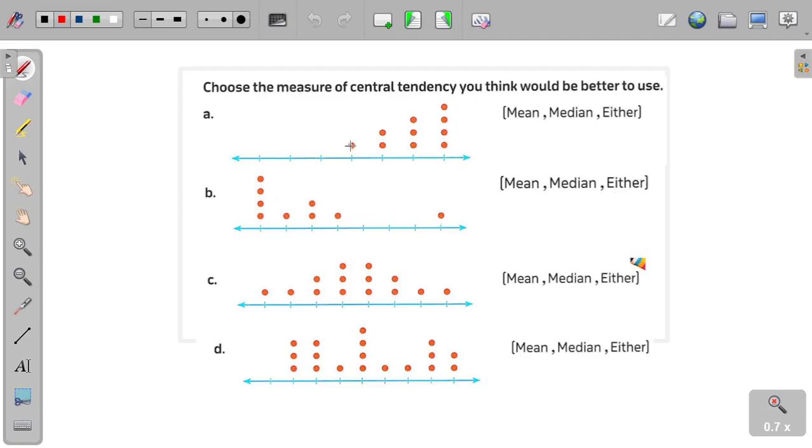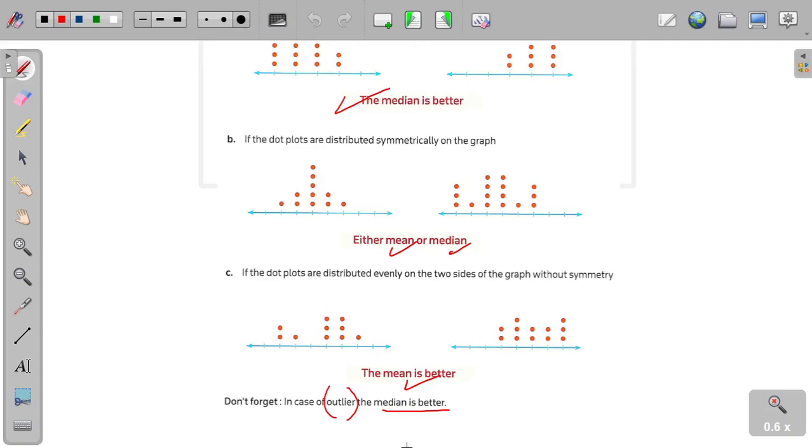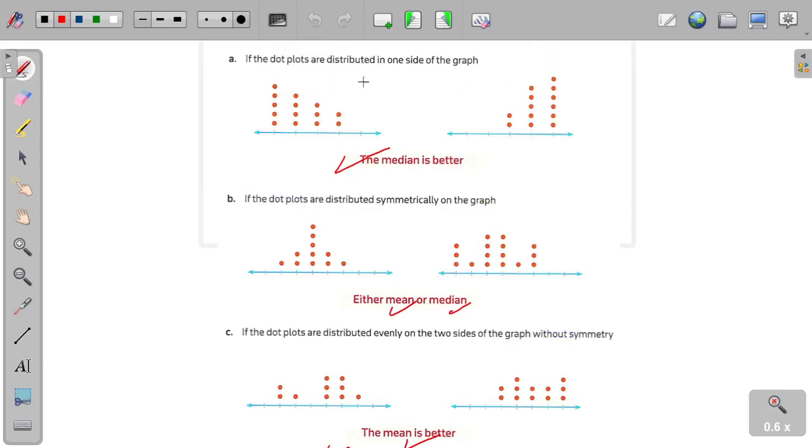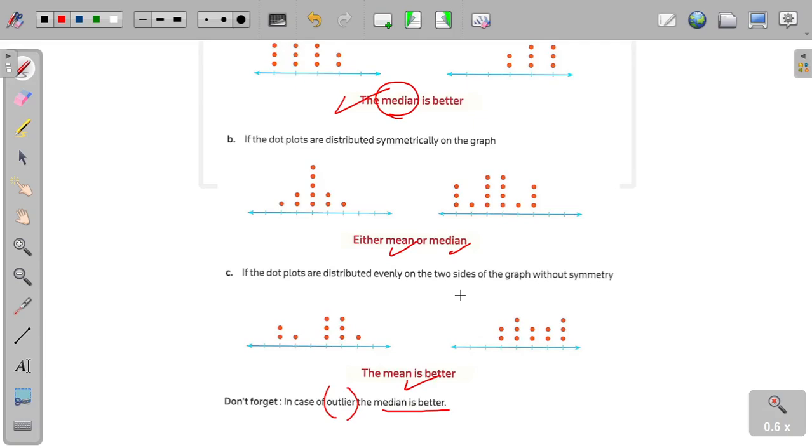The first one here, I have a dot plot distributed on one side of the graph. So what is the best way to measure the central tendency? Again, let's remember, if the dots are distributed on one side of the graph, the median is better. If we have a symmetrical shape, mean or median is equal. And if we don't have a symmetrical or one-sided distribution, we can use the mean.